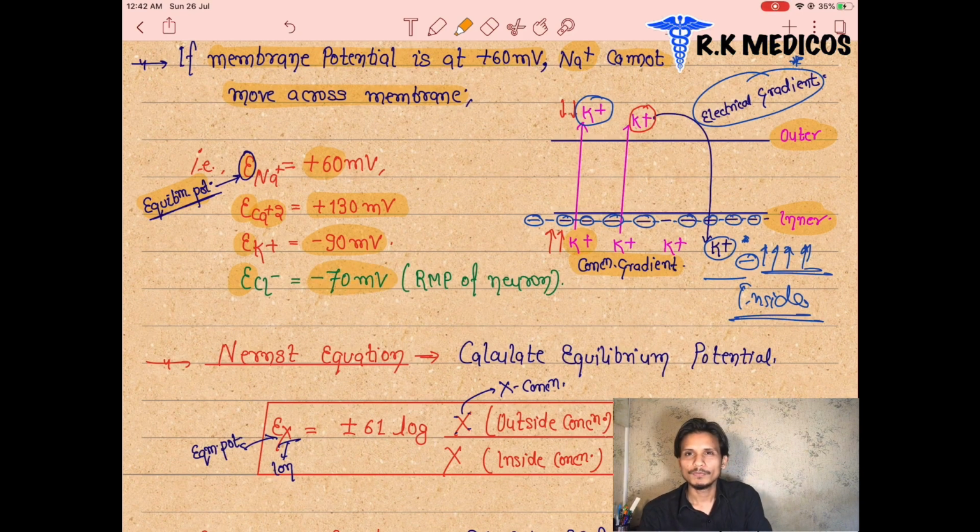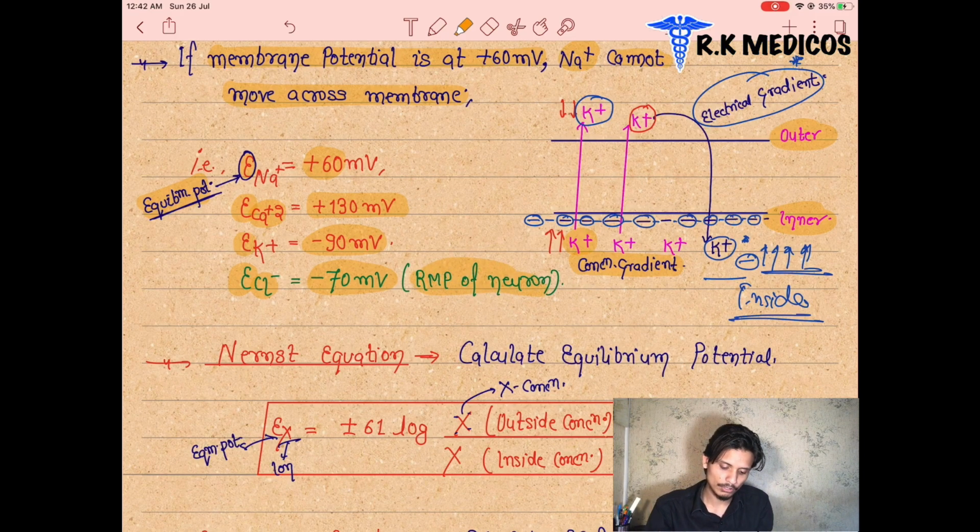The resting membrane potential of a neuron is minus 70 millivolt, and we can see that the equilibrium potential is equal to the resting membrane potential of the neuron for one ion, which is chloride. The chloride ion equilibrium potential is minus 70, and the neuron resting membrane potential is minus 70 millivolt. So this is the correlation.